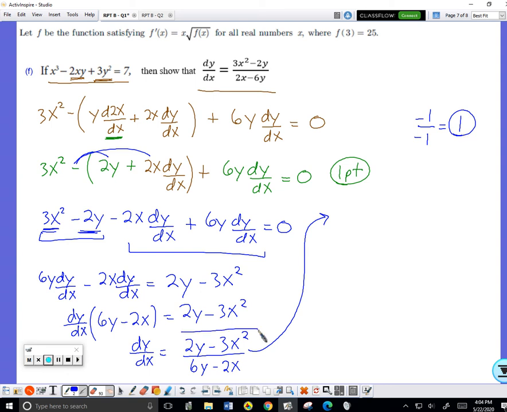So if I take this and multiply the top and bottom by negative 1, I'm not changing anything, I'm just changing what it looks like. So this is going to be, shouldn't have that leading equal sign, that looks a little funny.